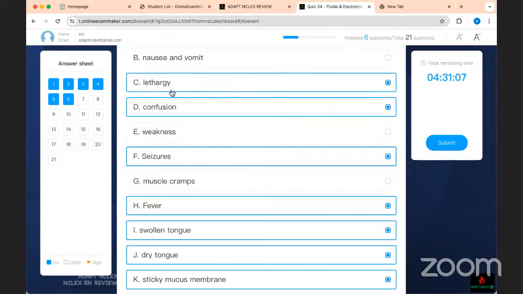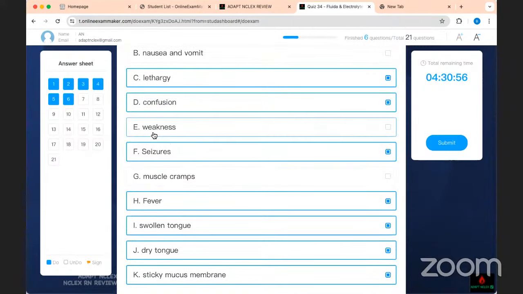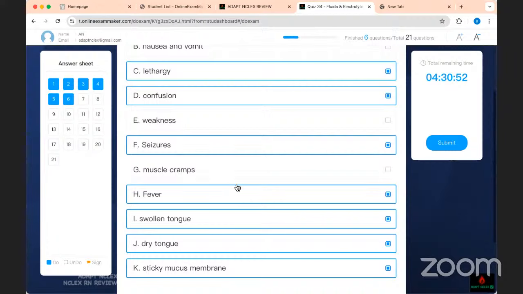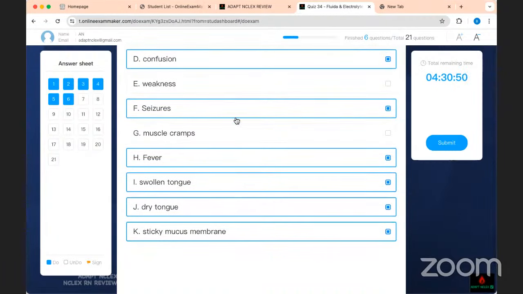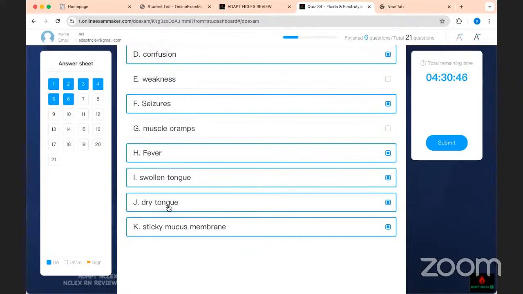Lethargy, confusion, and seizure are consistent with both hypo and hyper. But the key aspects of hypernatremia are stickiness, muscle cramp, weakness; headache and nausea are consistent with hyponatremia. This one is a little bit difficult because it's hard to teach, but you have to understand, when your sodium is high, think stickiness, and the rest you can just eliminate.